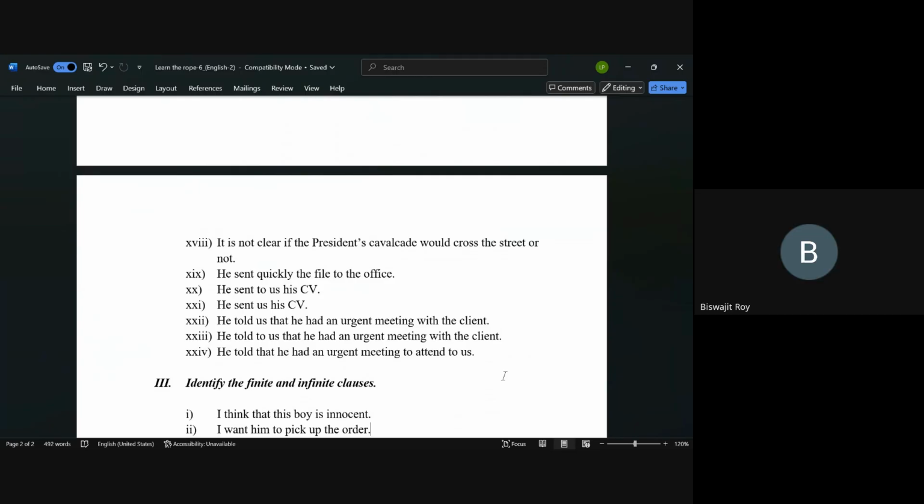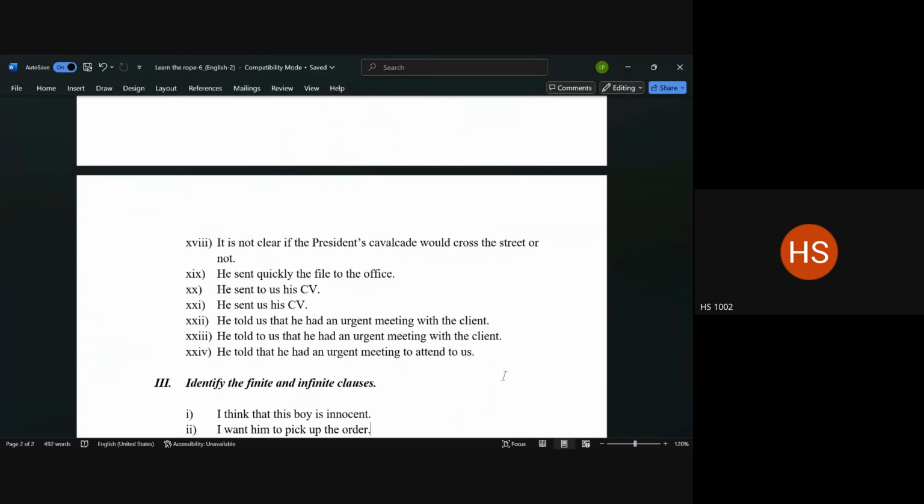So in English, what is the natural order? Subject, verb, object, and then the other object. He sent us his CV is correct.